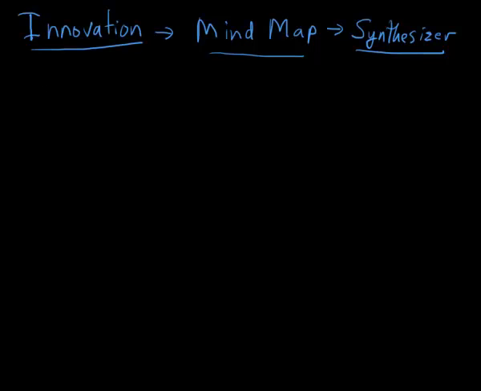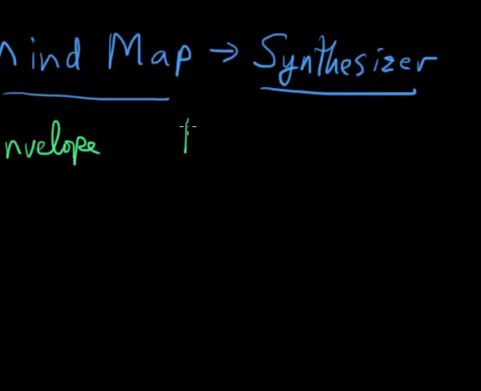And the ones I came up with were waveform, and we may see there's some overlap between these, but this is what I started out doing. Envelope, filter, and feedback.